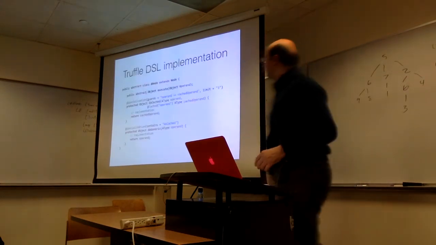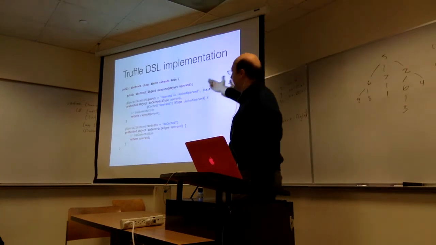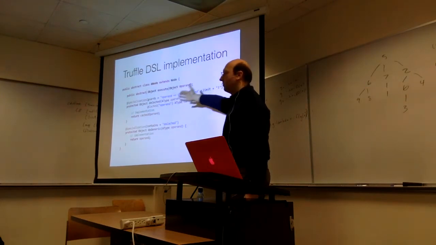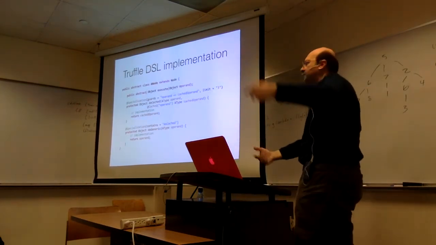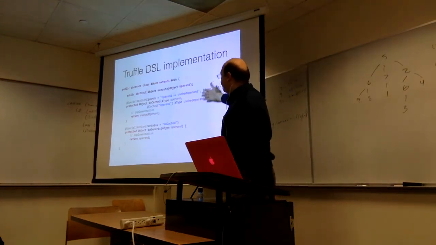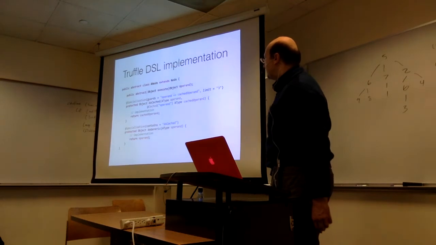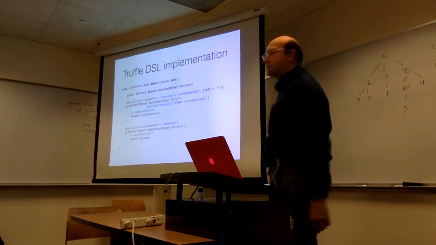And the Truffle DSL implementation involves writing specializations where you put in a cache that says, okay, I'm only executing this case when my operand matches our cached operand. You can give a limit to how many different variants it will hold, and then you do the generic version, which it falls back on if the guard isn't matched.